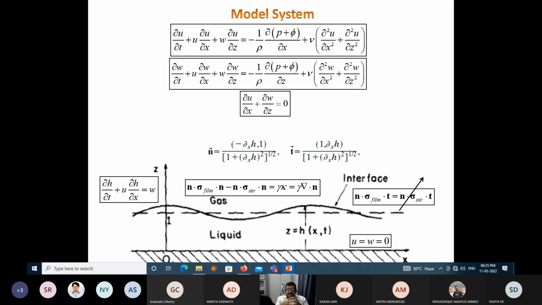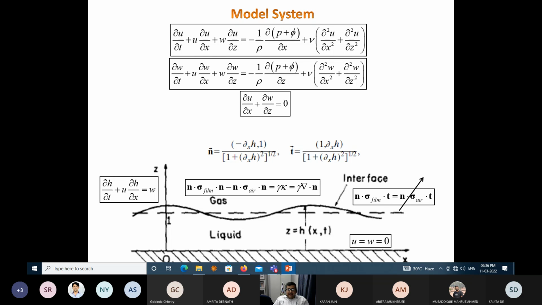Okay. So I'm saying that this is nothing but the game between the body force and the surface forces under the framework of the Navier-Stokes equations. You have done it already, correct? And then I enforce the boundary conditions, which you already know, u equal to w equal to 0. I have already enforced that while deriving this.